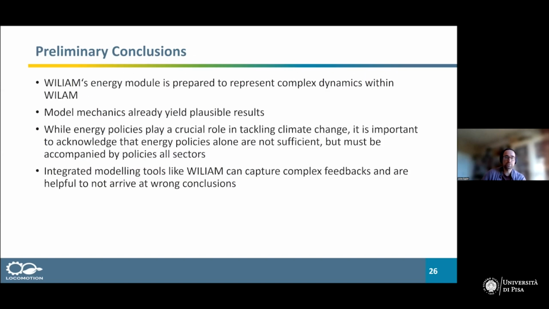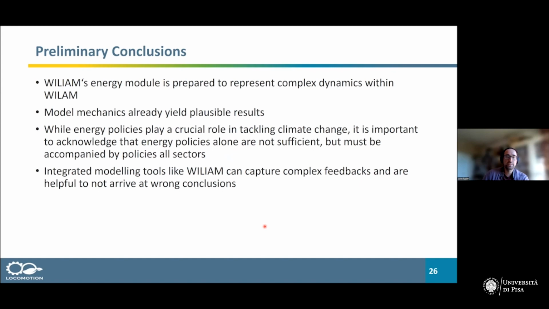Well, preliminary conclusions before we come to the discussion. In general, I would say the WILIAM energy module is able to represent complex dynamics within WILIAM quite well, and it delivers the right feedback variables to the rest of the model. The model mechanics yield plausible results.